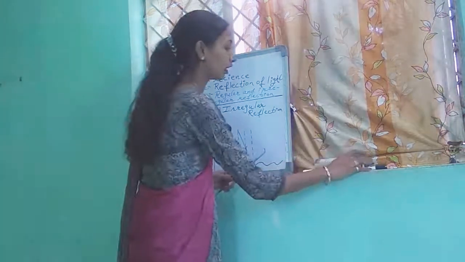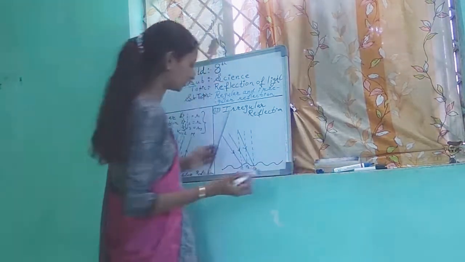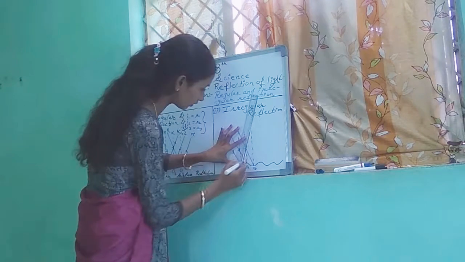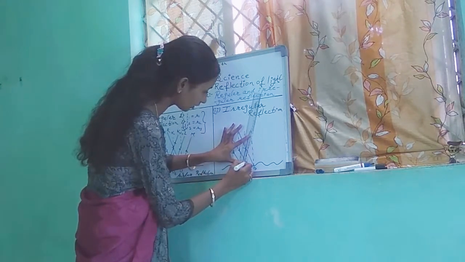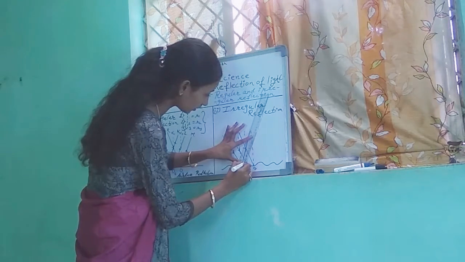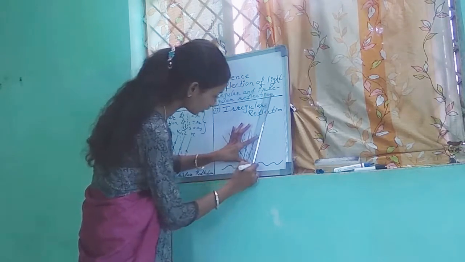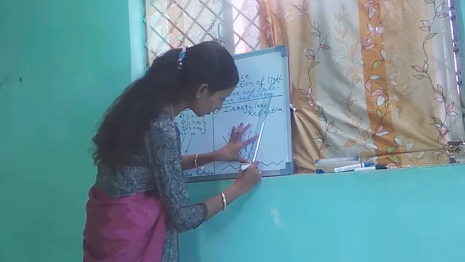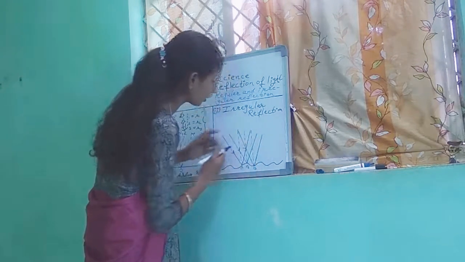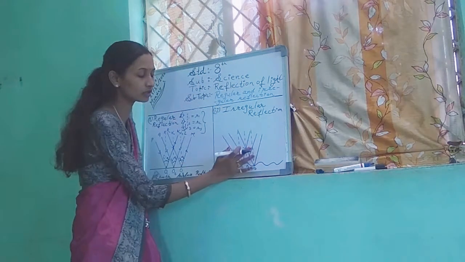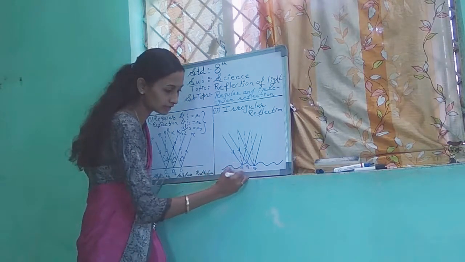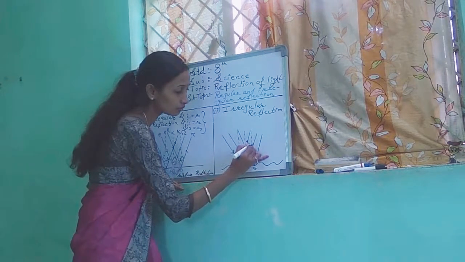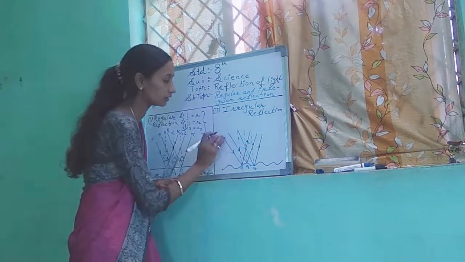Now we will see how the rays will be reflected. One will be in this direction, the other will be in this direction, and the third one will be in this direction. If you closely observe, when we extend these rays, they will intersect at some point.